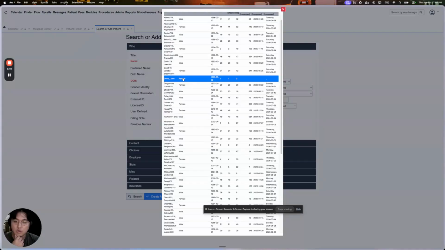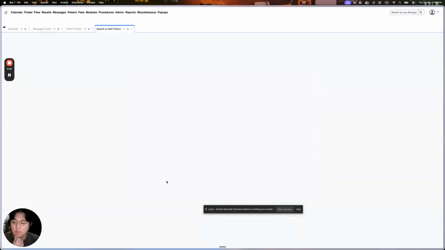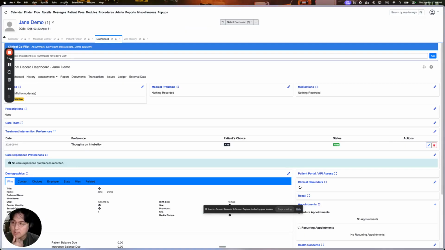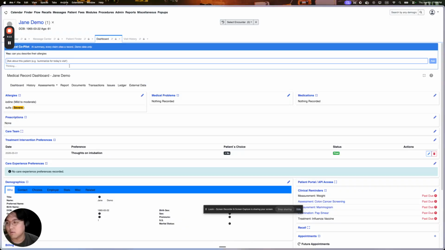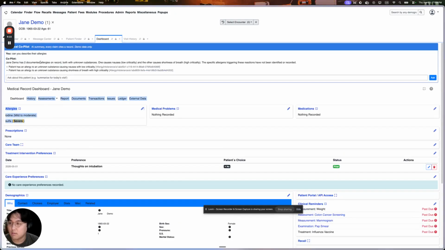So in this case, I'm going to be showing how there's a certain limitation with the system that I wanted to discuss as well. In this particular case, this is a demo patient that I made, and if you ask about their medications here, you see that they have allergies, medicines that they're allergic to here. So here it's going to pull this information about Jane, and it's going to look at these medicines, but it specifically says unknown substance here.